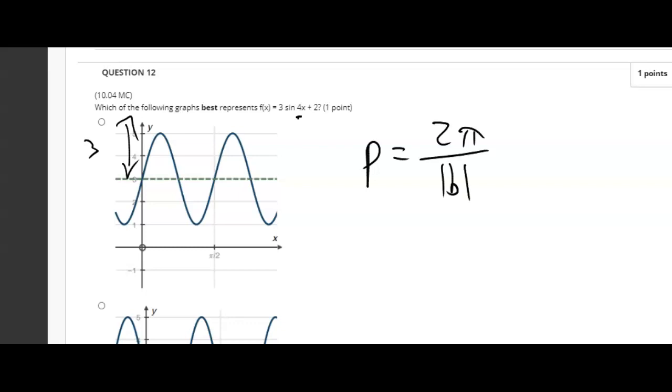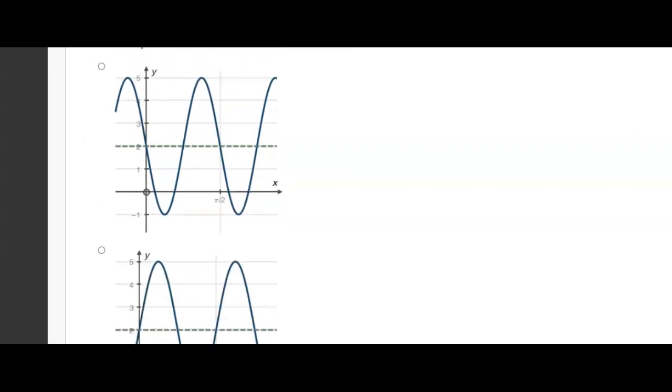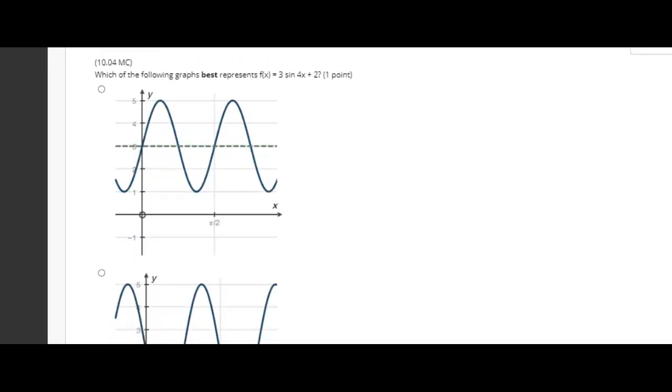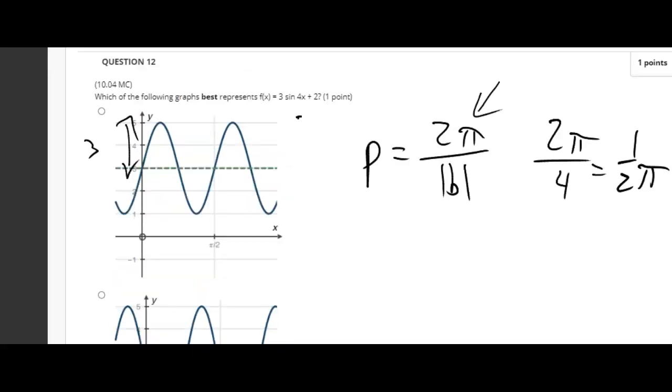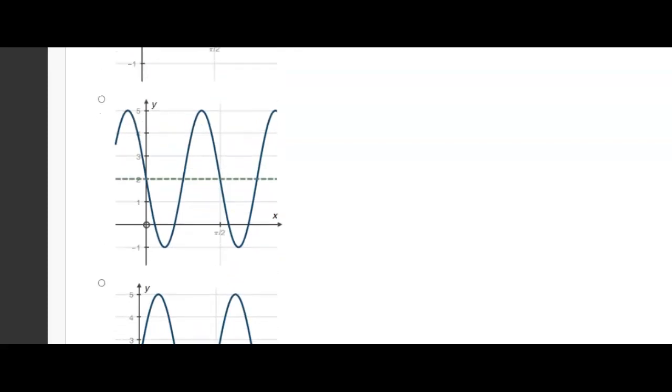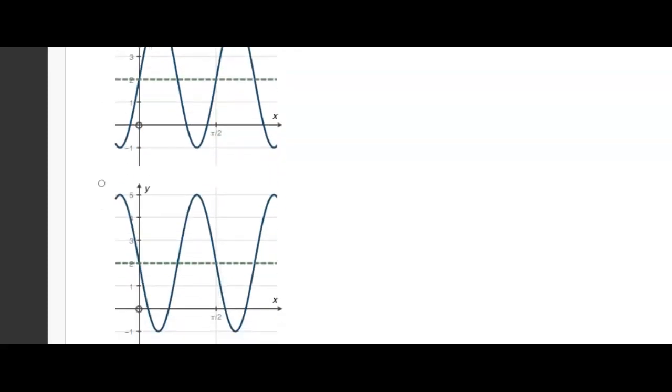Since b is 4, that's 2 pi over 4, which is the same as half pi. So the period is less than what is normal, which is 2 pi. It's going to be compressed, to only a quarter of that.